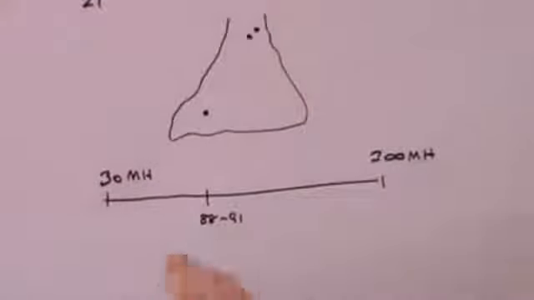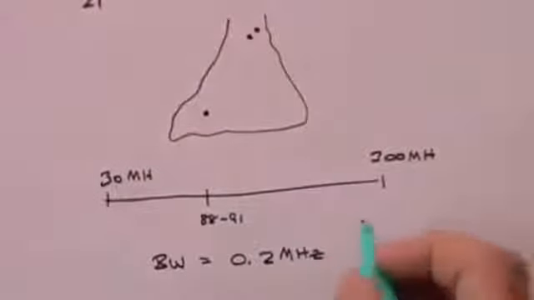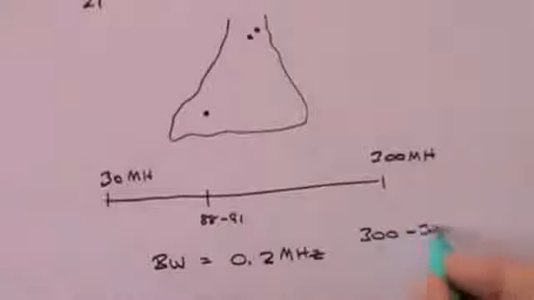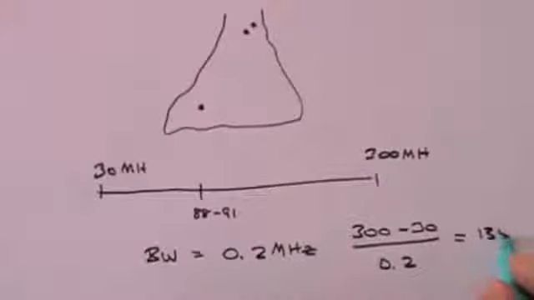The bandwidth required for each channel is 0.2 megahertz or 200 kilohertz. And so you can see that you've got a total spectrum of 300 minus 30 megahertz. Each channel is 0.2 megahertz wide, so that gives you a total of 1350 stations. I'll just write that here.